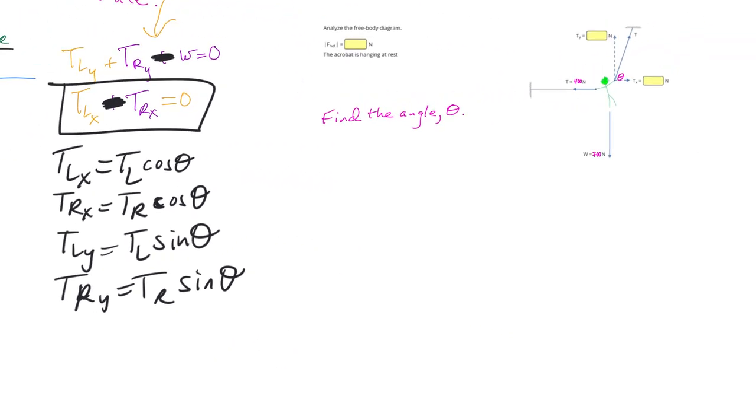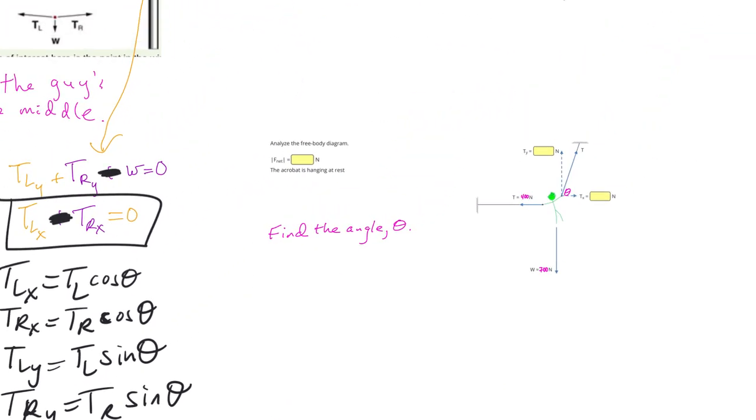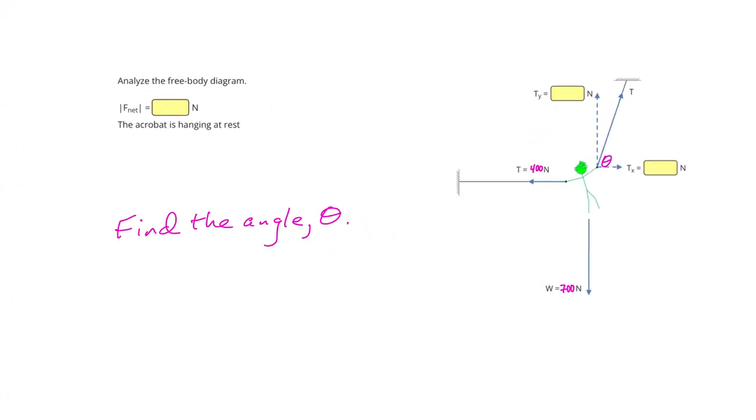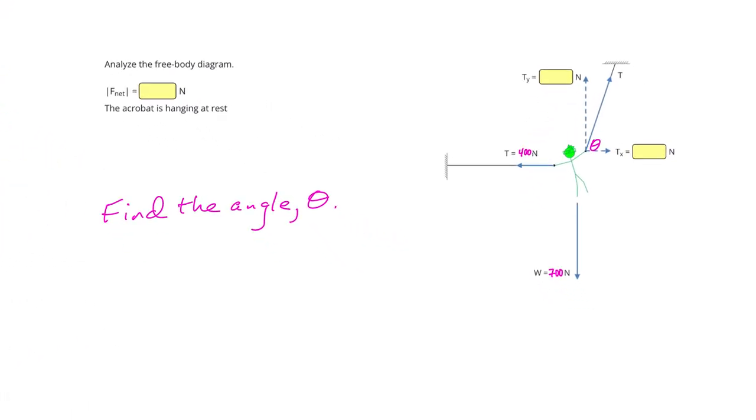Okay, now let's do it. Okay, so here's a positive physics one. Well, if you're hanging there, if you're just hanging at rest, F net, which I show as sigma F, F net is 0. Find the angle right here.